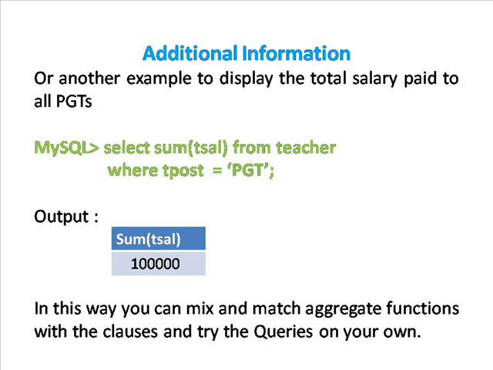The word total tells you that you have to use the aggregate function sum, and all PGTs, where will you find them? In the column TPost. In this way you can mix and match the aggregate functions with the clauses and try the queries on your own.